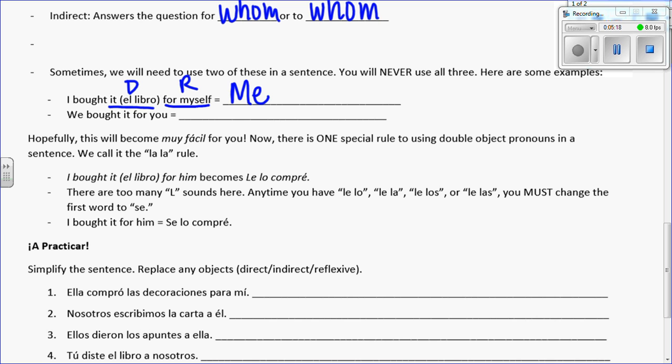It's a direct object. Lo, me lo, past tense. Okay, here's where our preterite imperfect comes in. Am I going to use preterite here, or am I going to use imperfect? Preterite. Why? It's a finished action. Okay, so me lo compré. I bought it for myself. Me lo compré.